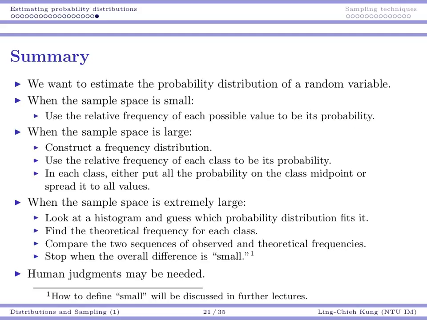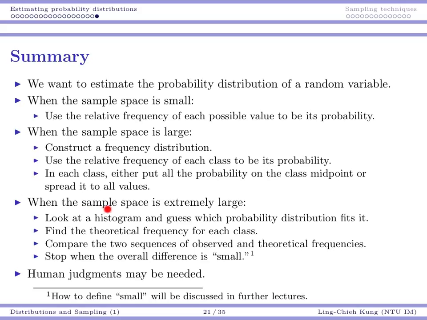When the sample space is large, you need to group data into classes, and that means you need to have a frequency distribution. Use the relative frequency of each class to be the probability for the random variable to be within that class, and then either use class midpoint or uniform distribution to fit each class.